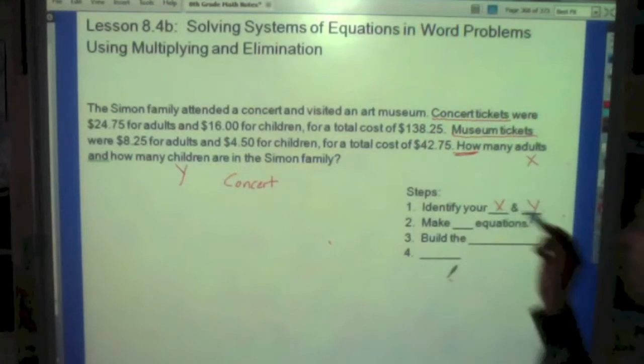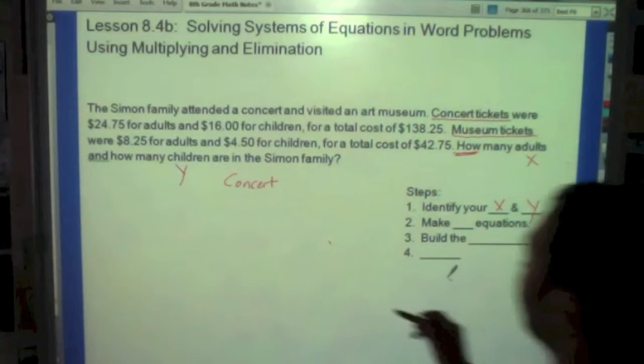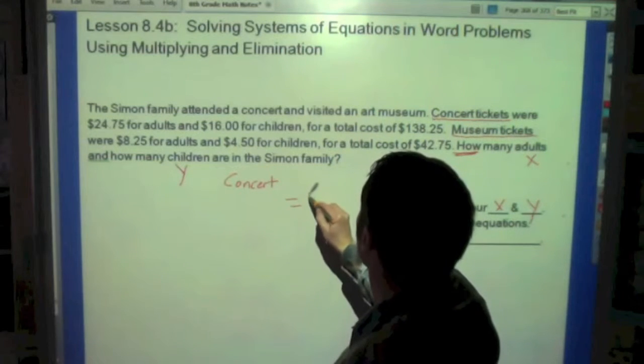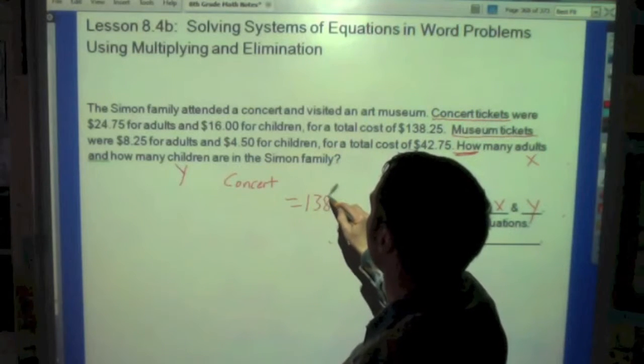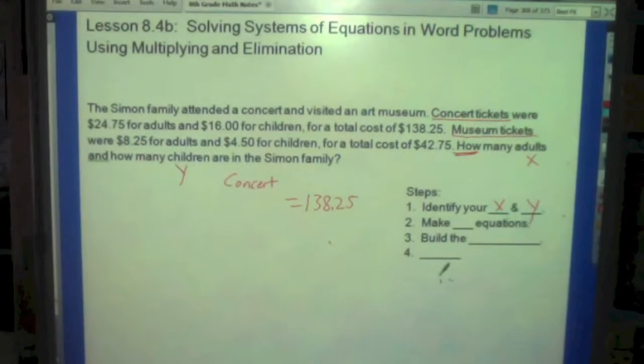All right, our first equation we'll put down for the concert. What we want to look for is what is our total cost? What is the total we are trying to reach? For the concert, we are trying to get to $138.25. That is the cost we are trying to reach.